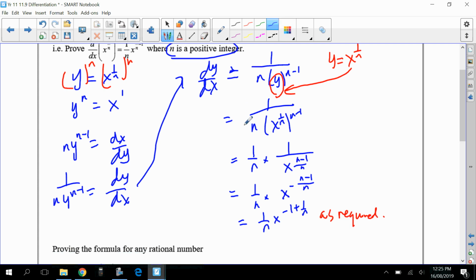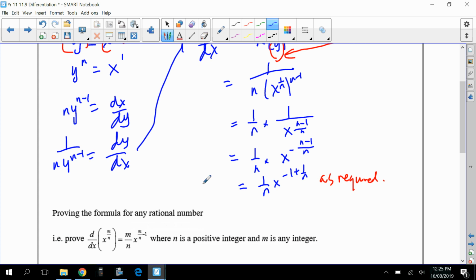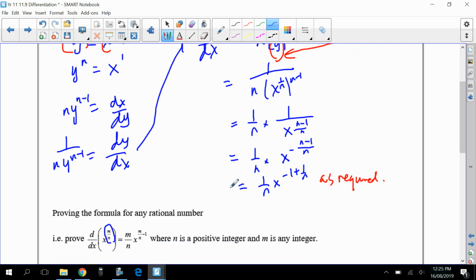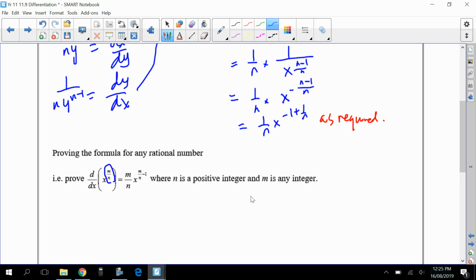All right, hopefully you can see, and then we can prove it's true for any rational number. As you can see, for any fraction becomes that. And because we have proven this formula, now we can do that. So we do y equal to x power m over n, and before we do that, we write that as x power 1 over n, all to the power m. And because m is any integer, we know how to differentiate that.